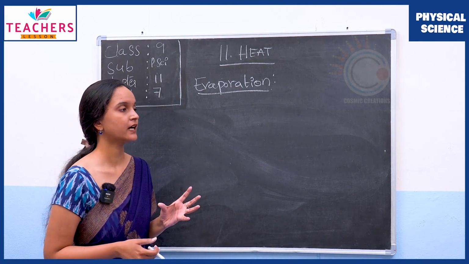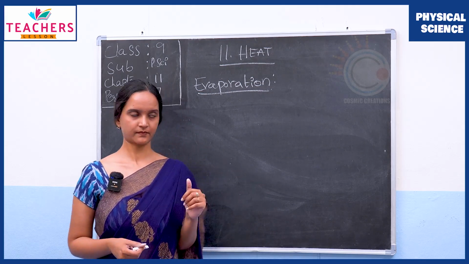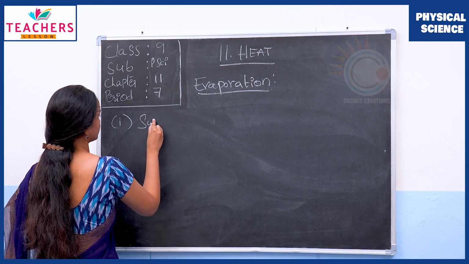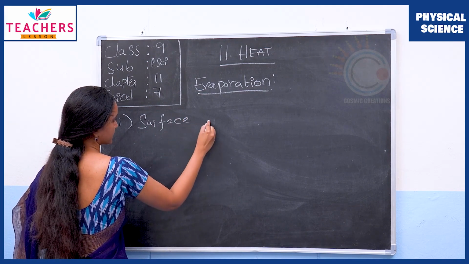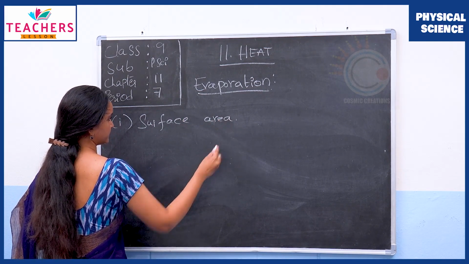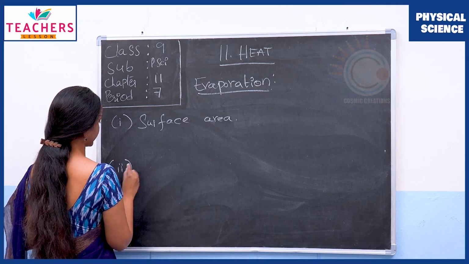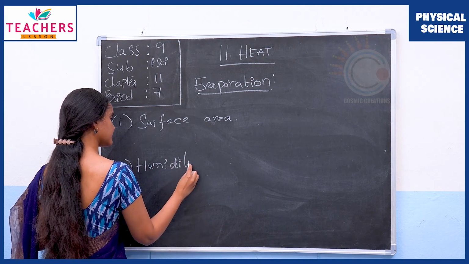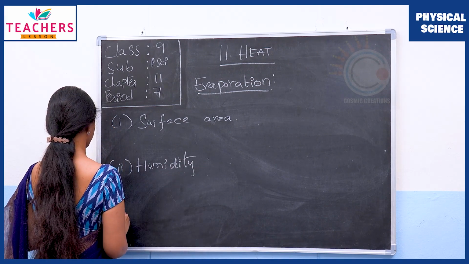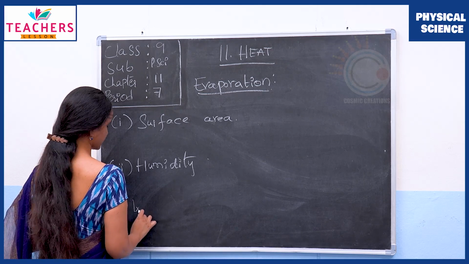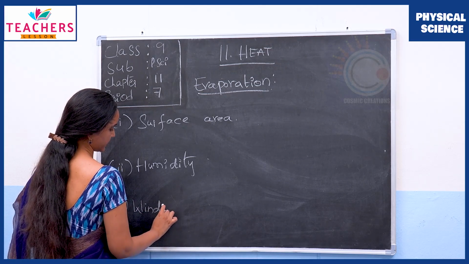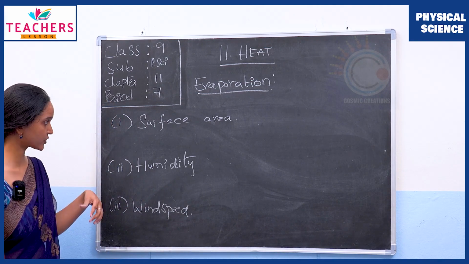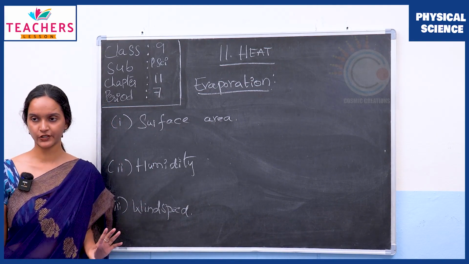Let's see how this will affect the rate of evaporation. First factor is surface area. Second one is humidity. And third one is wind speed. So now we will discuss the effects of these three on evaporation.